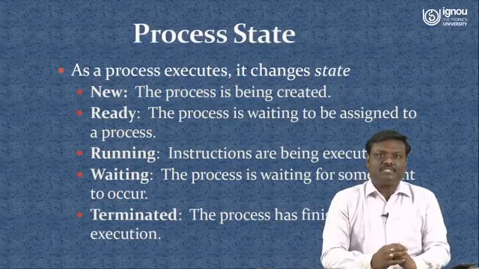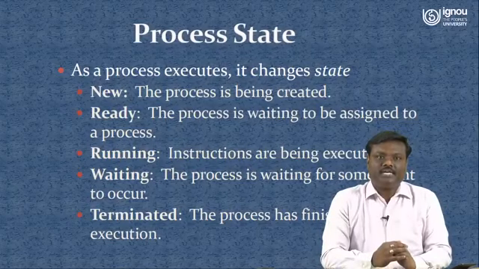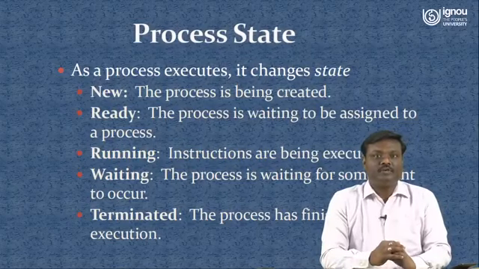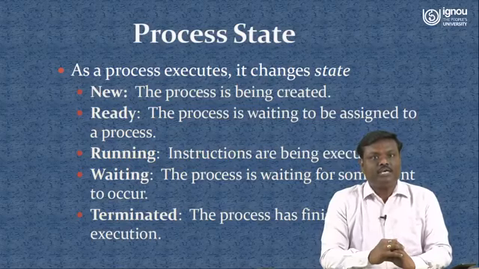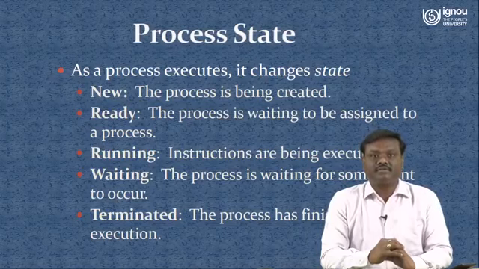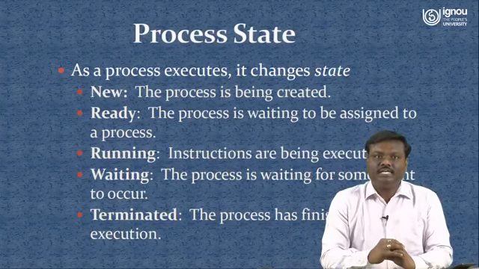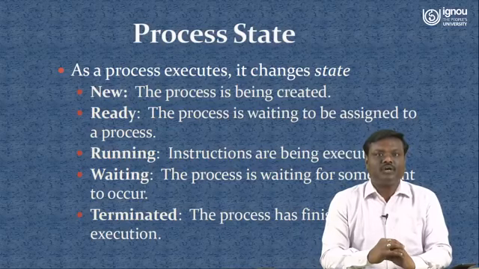Any process may be in one of the process states: new, ready, running, wait, or terminate. When a process executes, it changes state. New means the process is just being created. In the ready state, the process is waiting to be assigned to a processor.